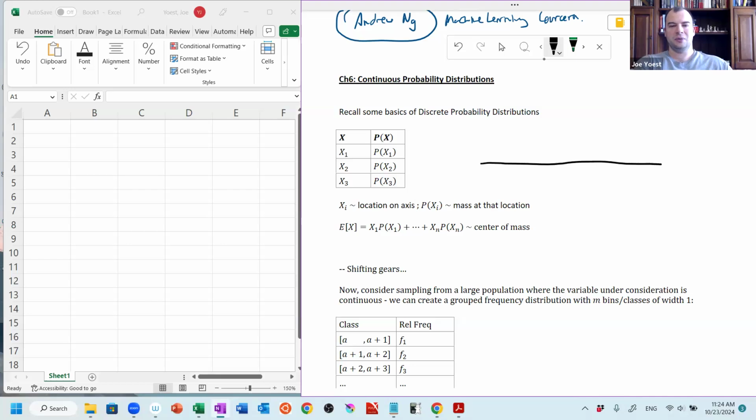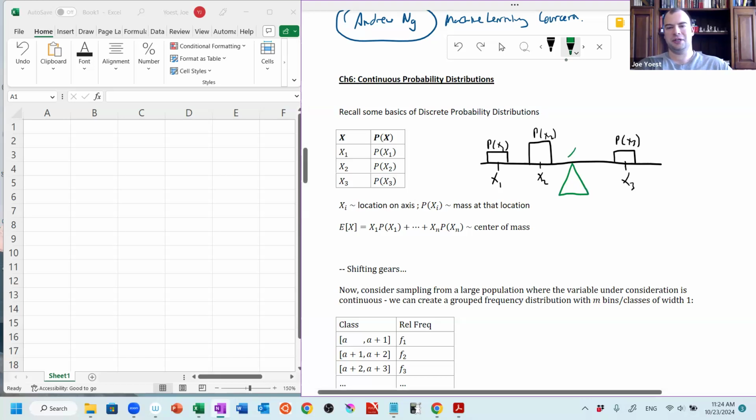We have a massless rod, and the xi's are locations, and the probabilities represent masses. And if this is the case, then the expected value represents the balance point. We could call it X bar for a balance point.